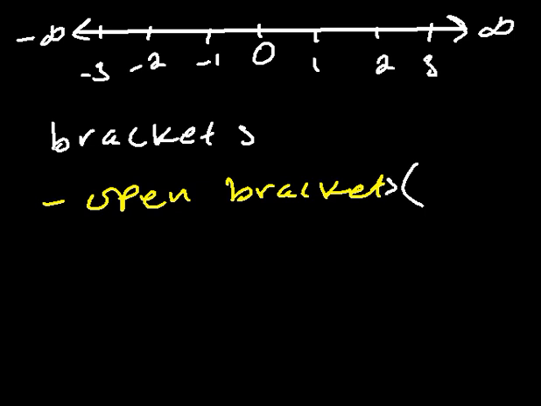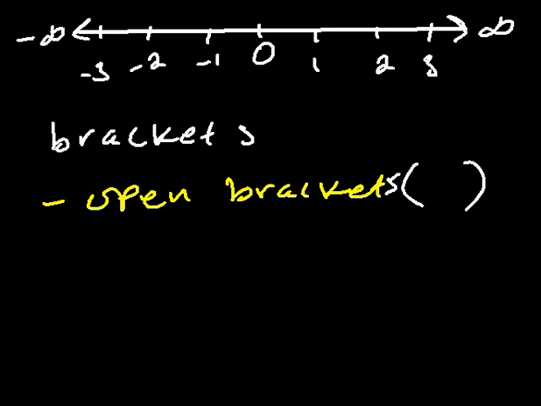So this is how the open brackets look like. These brackets show that with the given interval, the end values are not part of the interval. That is about the open intervals.